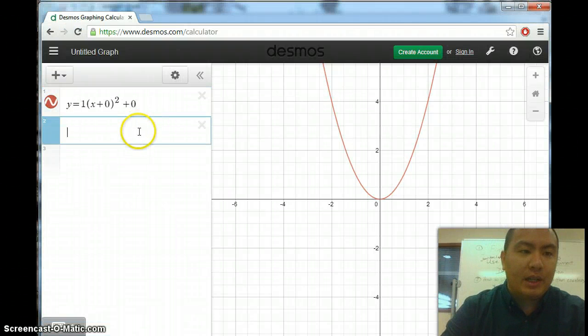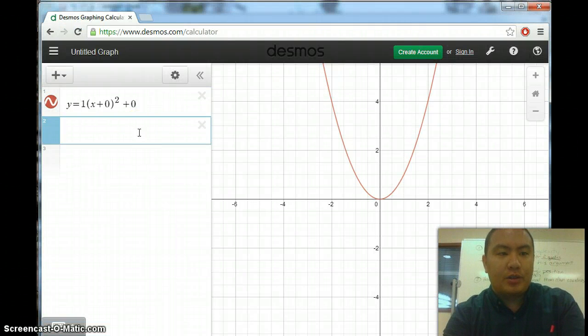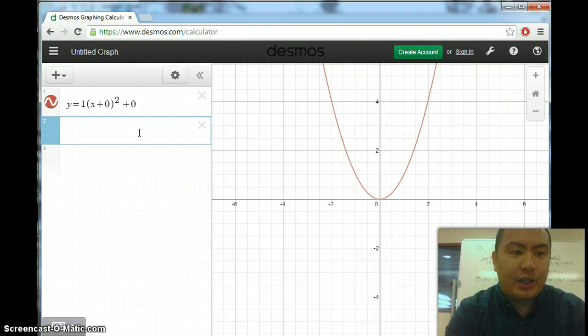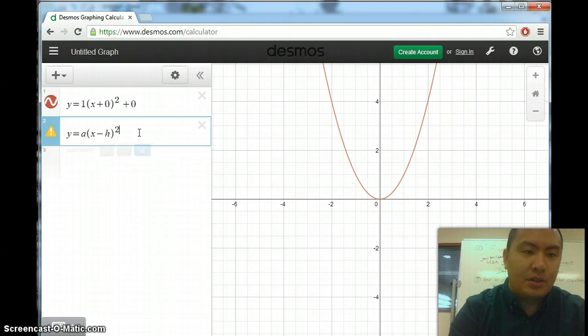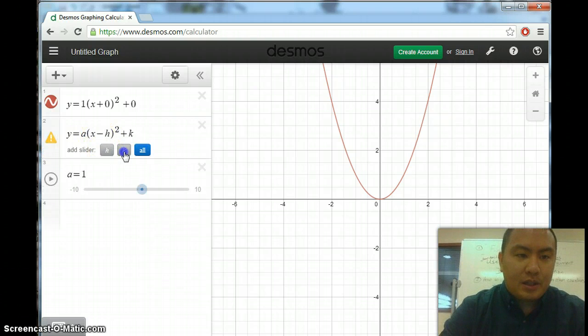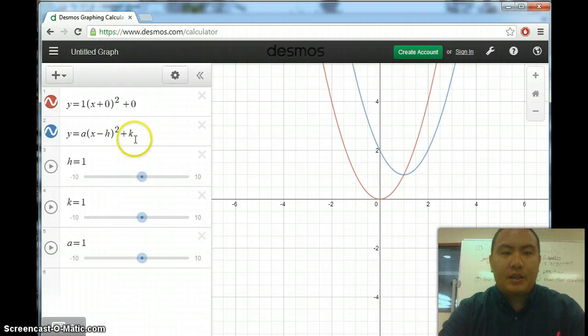Alright, so I went ahead and placed our quadratic equation in vertex form. That's y equals a(x minus h) squared plus k. I'm going to go ahead and add the slider for everything.